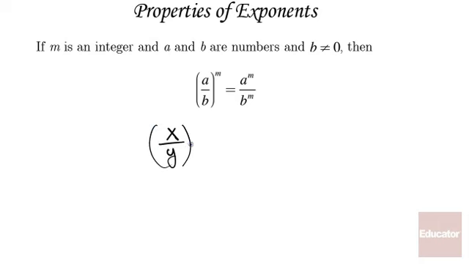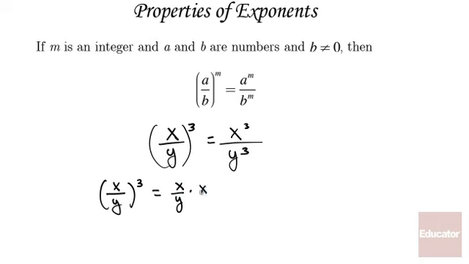x divided by y cubed equals x cubed divided by y cubed. Thinking this out a little bit, if I have x divided by y cubed, it's telling me that I'm multiplying this expression times itself 3 times. So that's x over y times x over y times x over y.